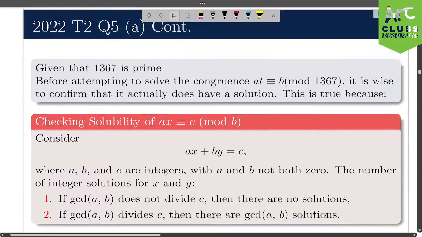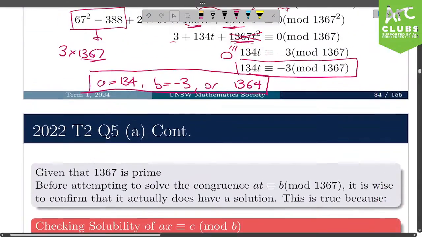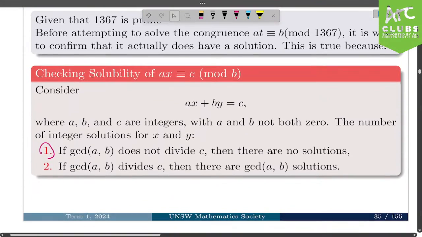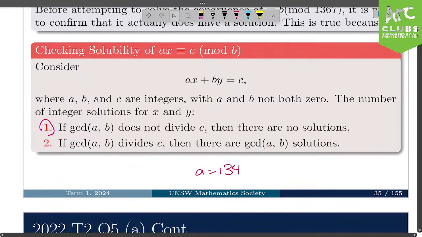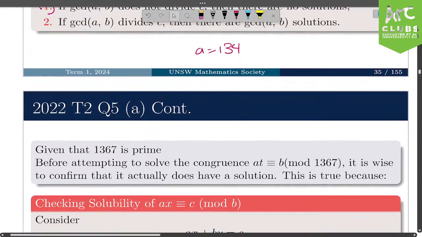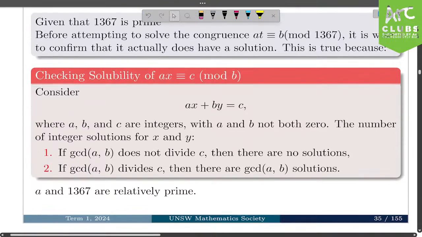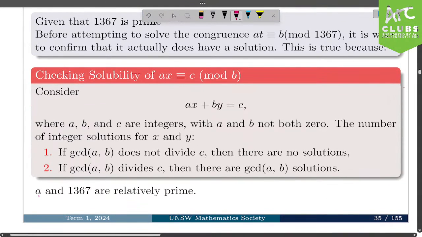First of all, we note that, what was our A? If we scroll back up, our A is equal to 134, right? And we just notice that these two are relatively prime.